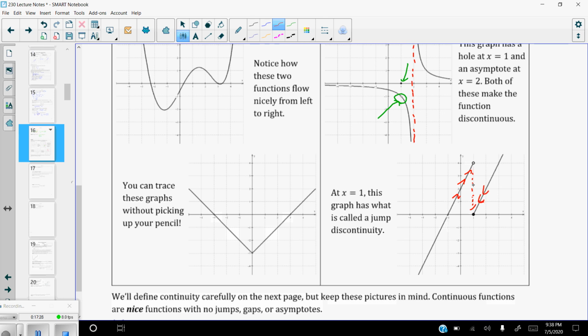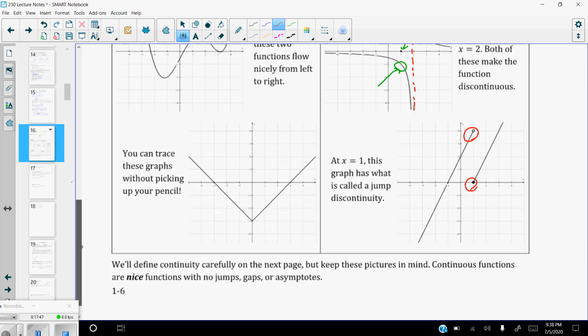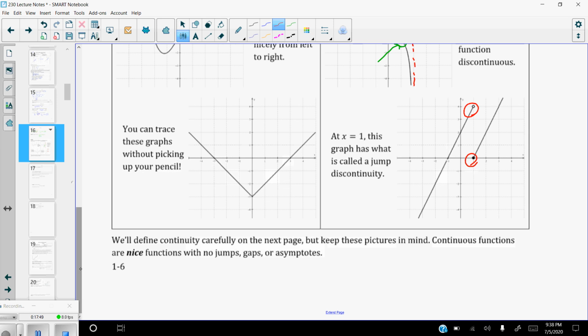So there's a massive gap in between there. What you can see is that there is a jump from here to here in the y values. So that one is a jump discontinuity. All right, so we're going to define these better and more carefully on the next page.